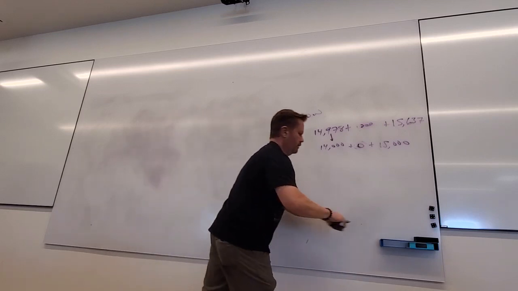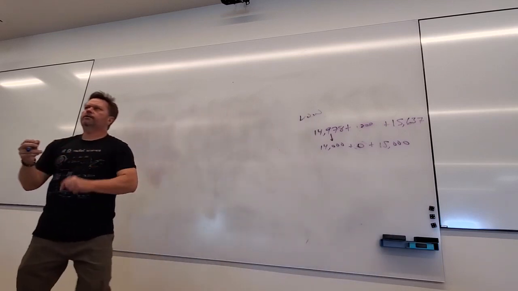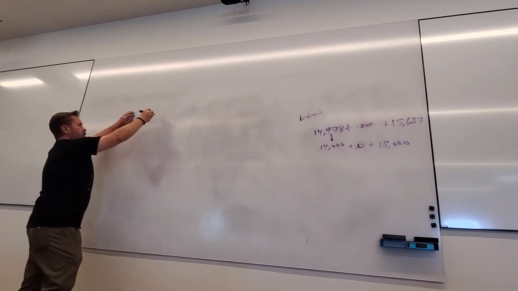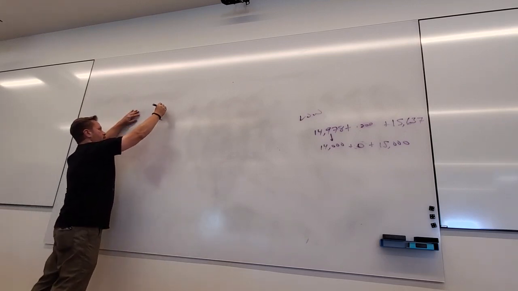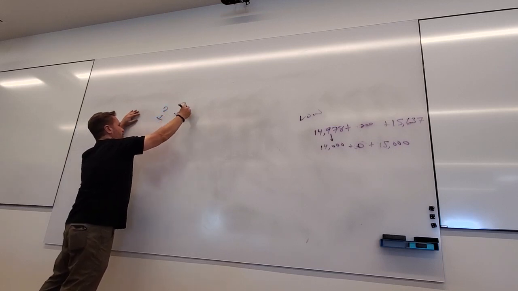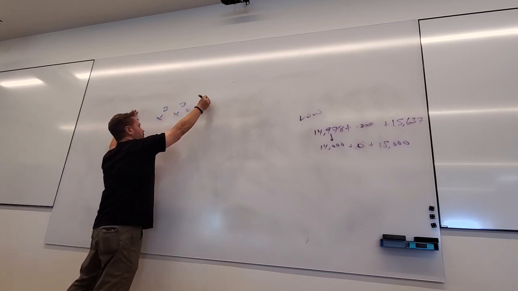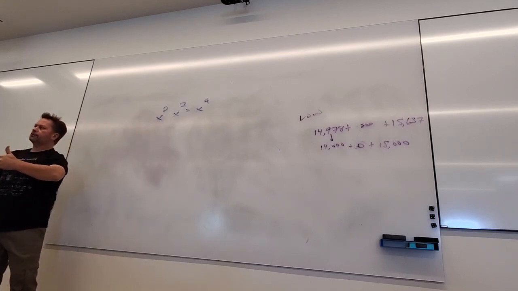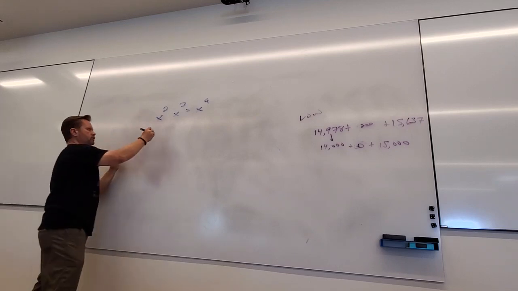So real quick, here's kind of where things go a little weird when you're teaching about exponents. You make a big deal out of the fact that the bases have to be the same in order to add the exponents. But if the powers are the same, you could do something.